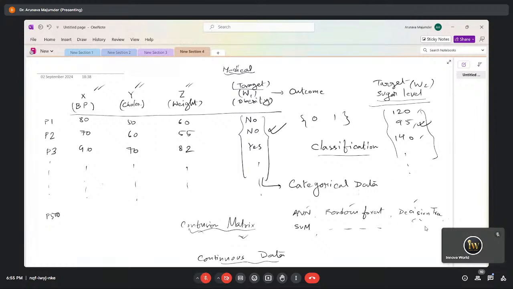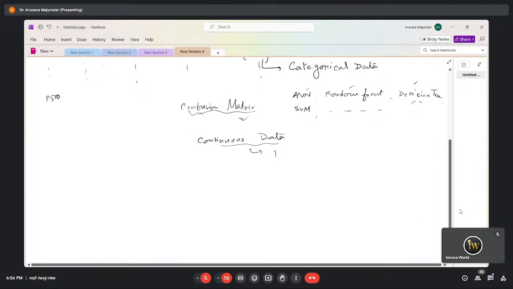Here we can predict that either the outcome should be yes or the outcome should be no. But in this case we cannot predict what number it may be. It has a range, so this kind of data is called continuous data. So in continuous data we have to apply regression.